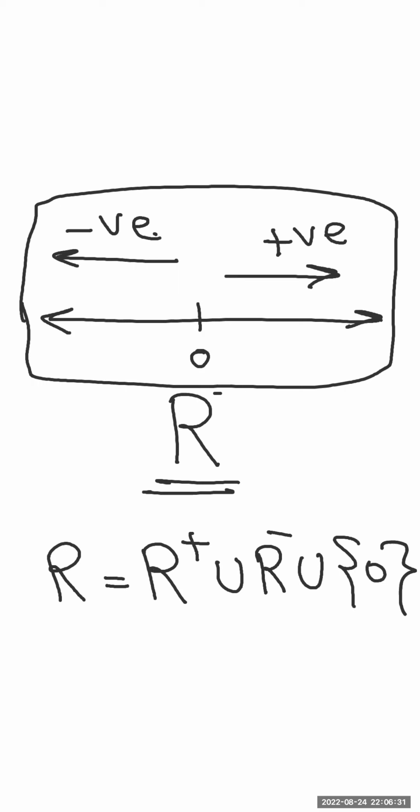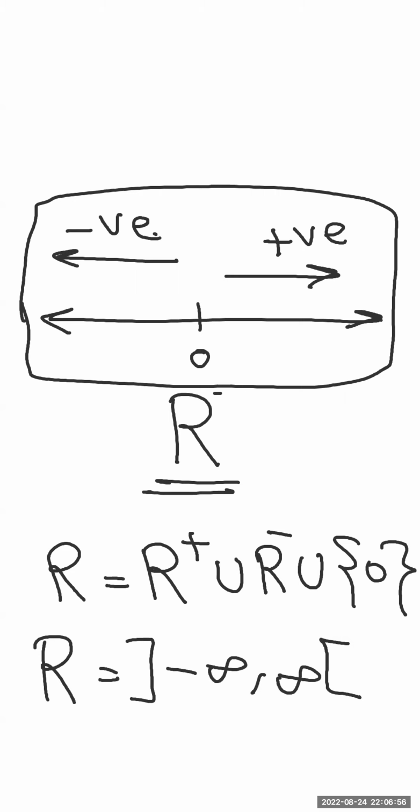If I want to represent this using intervals, not sets, the real numbers equal negative infinity and positive infinity. Start with the smaller. And by default, positive or negative infinity is open.